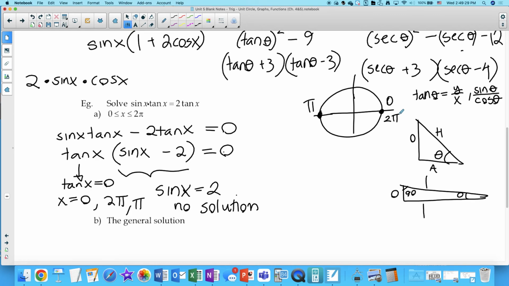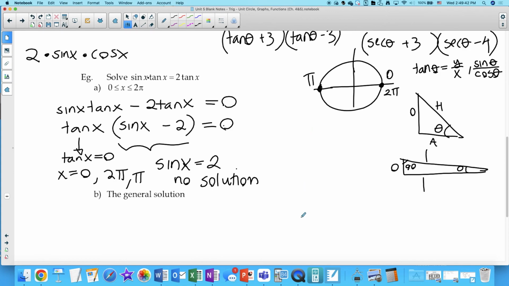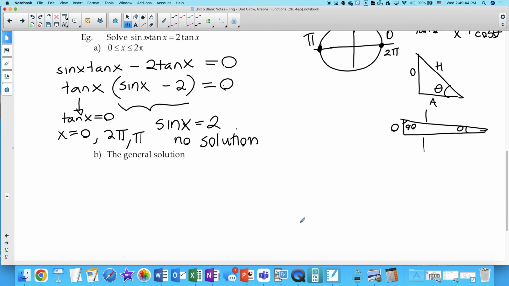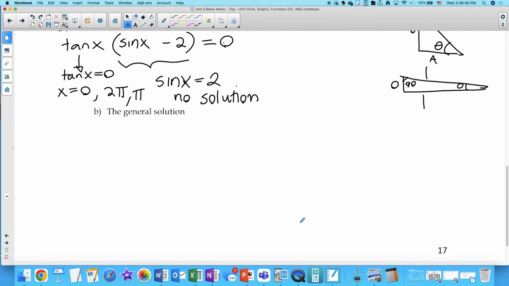Okay. All right, now the general solution. Okay, so let's think about this. If x equals 0, pi, or 2 pi, what's the general solution to that? Okay, so x equals 0 plus or minus 2 pi n. Okay, what else? Right.